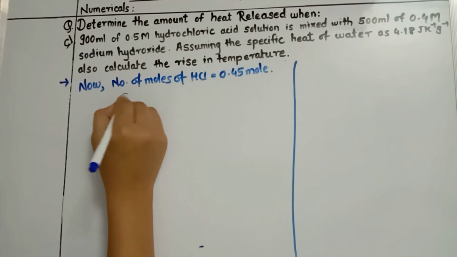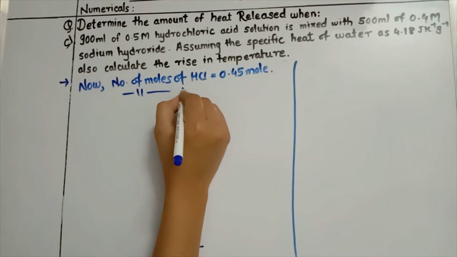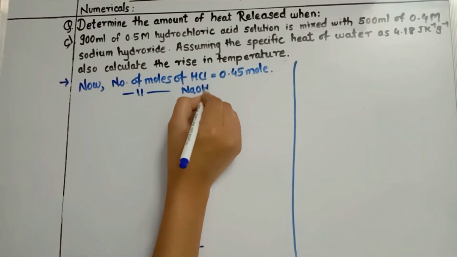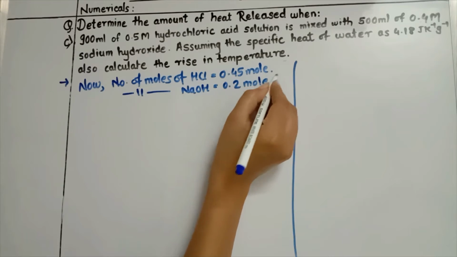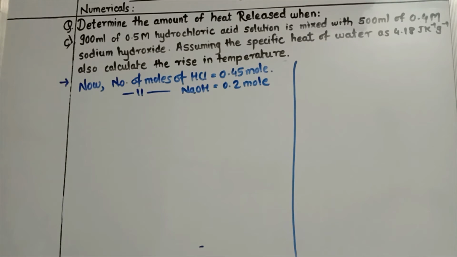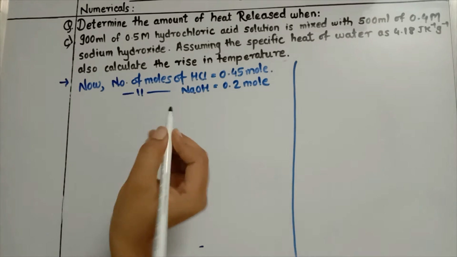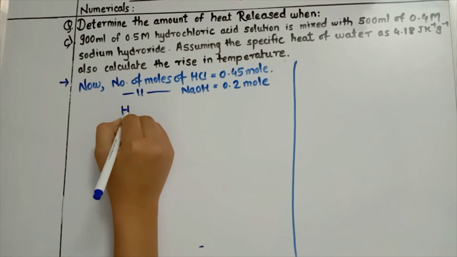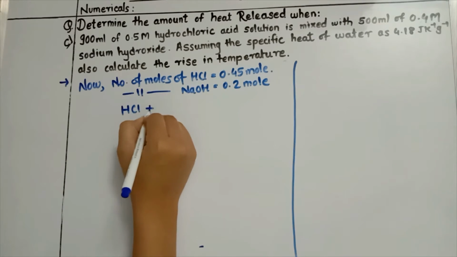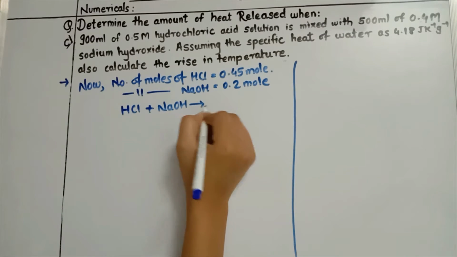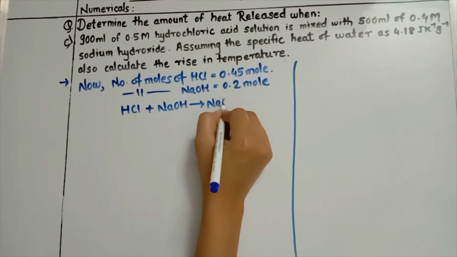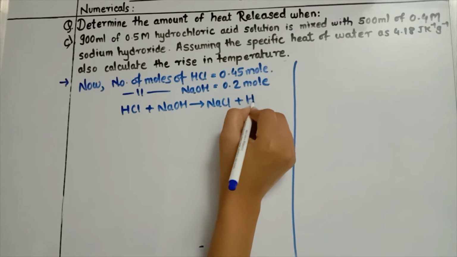Next, number of moles of NaOH is 0.2 mole. First we will find the heat released. We will write the reaction: HCl reacts with NaOH to form NaCl plus H2O.